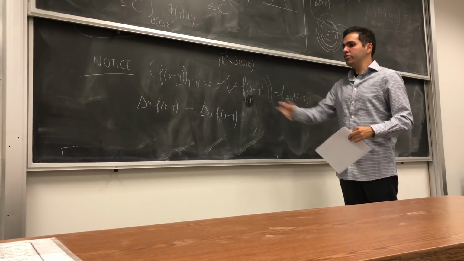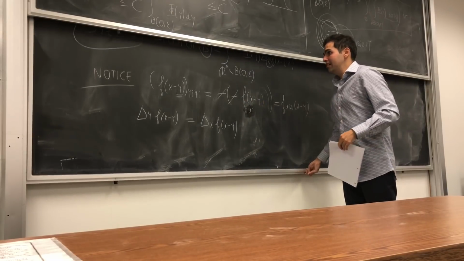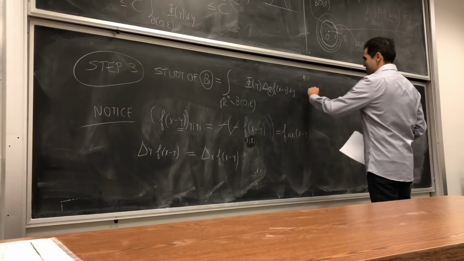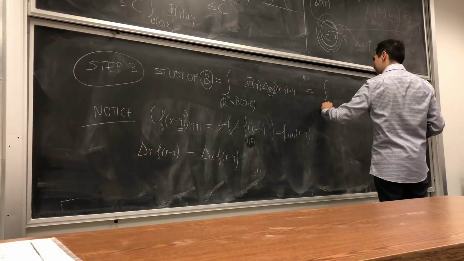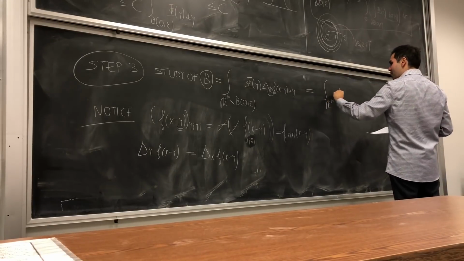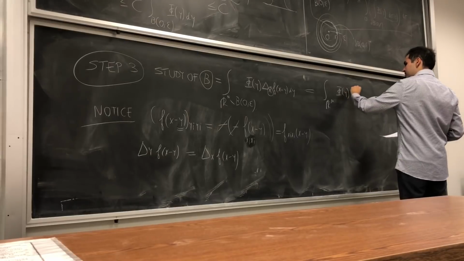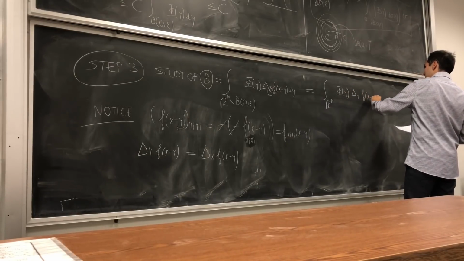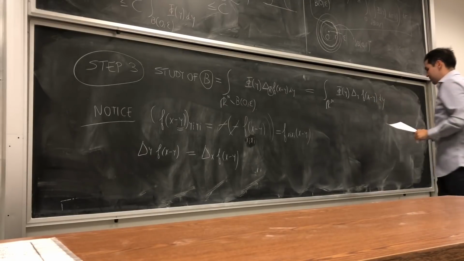So you see that both of them are equal, which tells us it's time to integrate by parts. So this equals the integral over Rn of phi of y, Laplacian with respect to y, of f of x minus y dy.